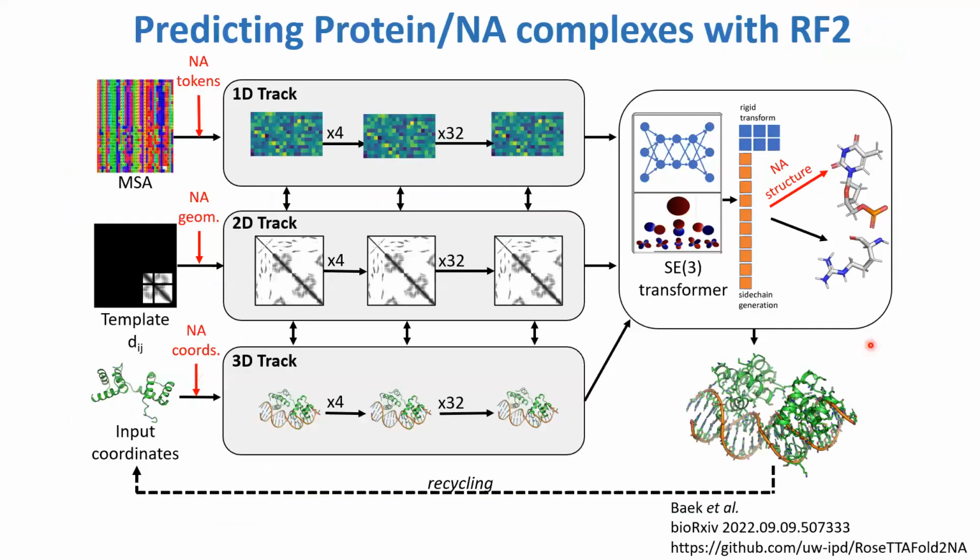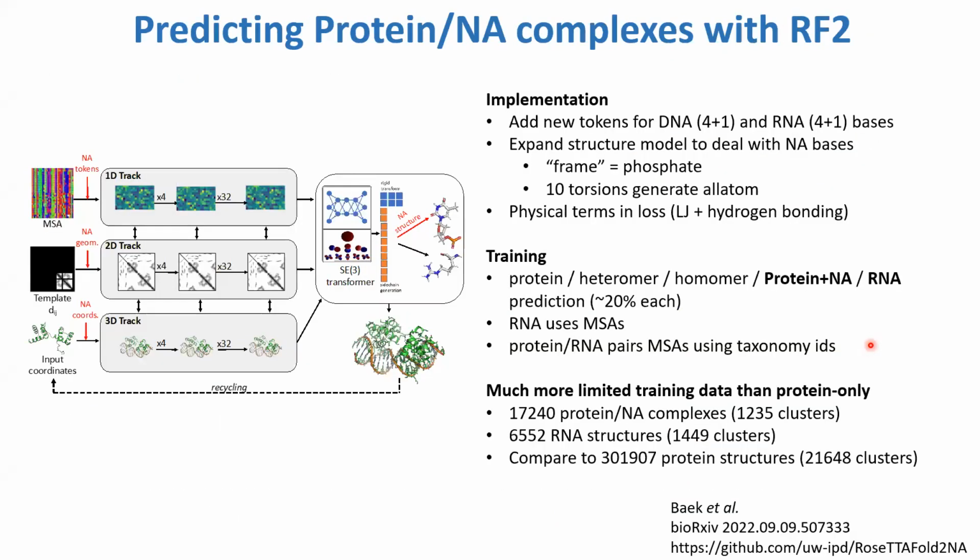Okay, then I think the follow-up question is, are you using the phosphate frames for the FAPE loss, or is there something else? Yeah. There are two different ways the FAPE loss is used. In the 40 structure layers themselves, the FAPE loss is used with just the backbone frame, which would just be over the phosphate group.